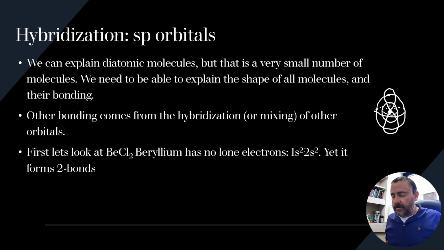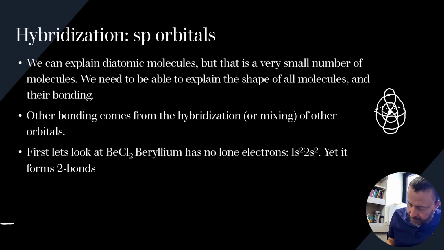Okay, and so let's look at, first, I've got beryllium chloride here as an example. All right, and it says that beryllium chloride has no unpaired electrons, because if we look at the beryllium itself, it has the electron configuration of 1s2, 2s2.